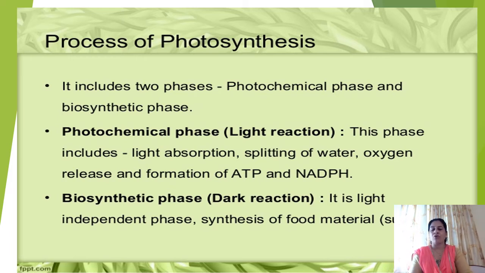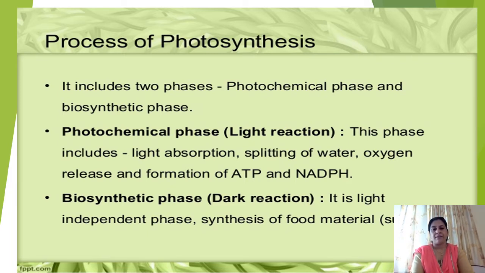One is photochemical phase, which is totally dependent on light, and second is biosynthetic phase, which is dependent on enzymatic reaction. Photochemical phase is also called light reaction, as it is totally dependent on light, while biosynthetic phase is independent of light. That is why it is also called dark reaction.